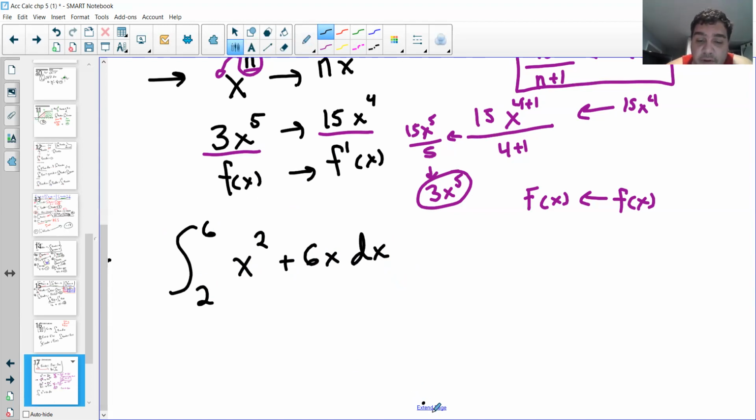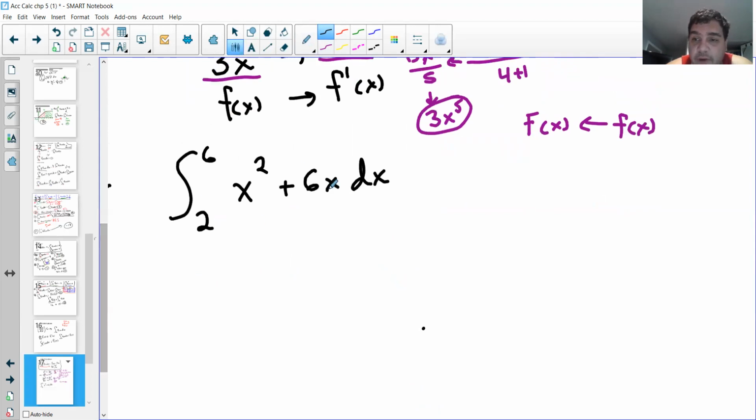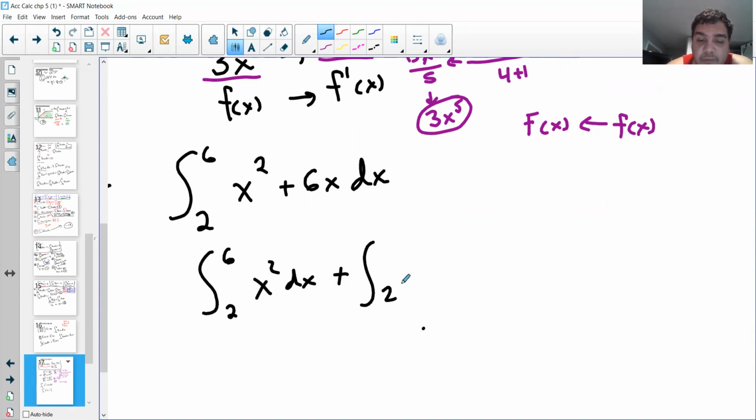Now you might be concerned because you have a couple of things going on. You have 2 at the same time. But you have to recall a previous rule, which we call the sum rule, which lets you break this up into 2 pieces. So the integral from 2 to 6 of x squared dx, plus the integral from 2 to 6 of 6x dx.